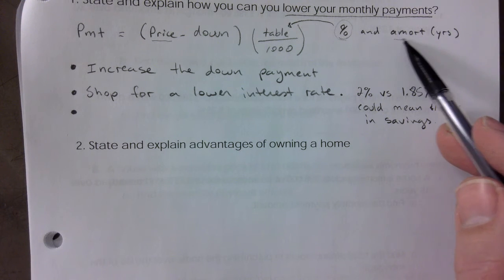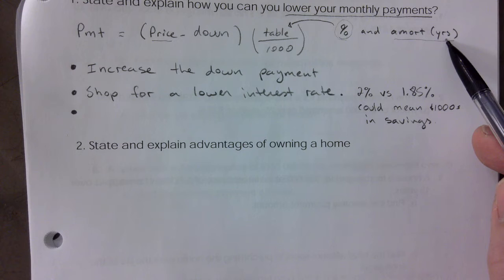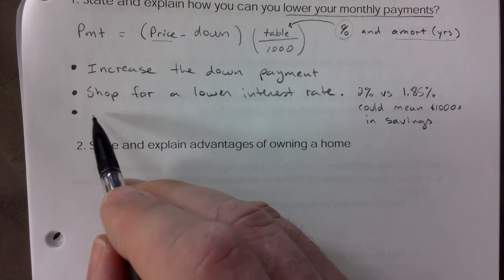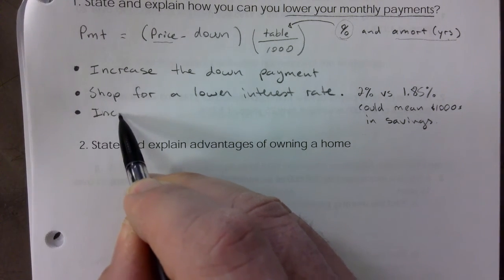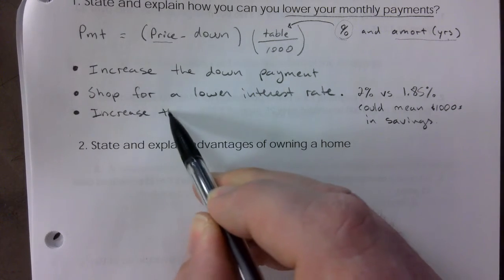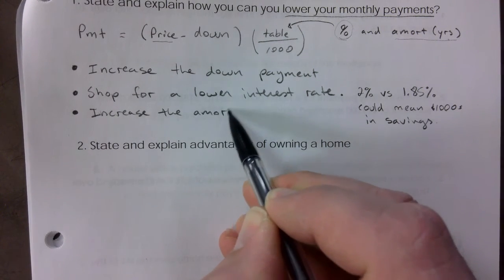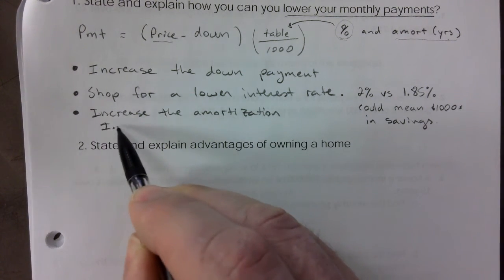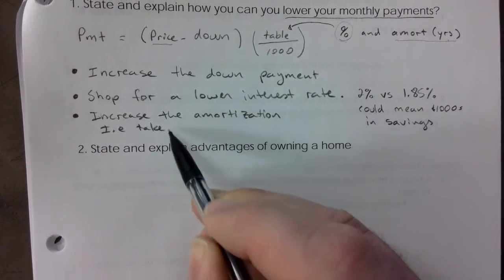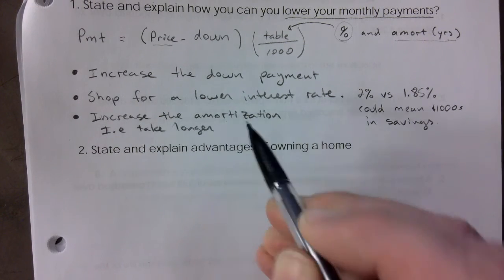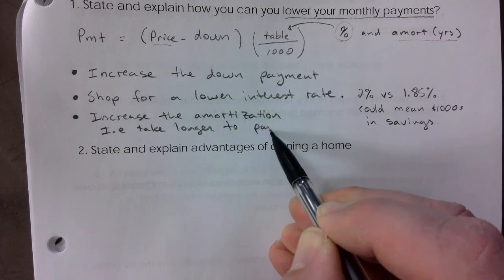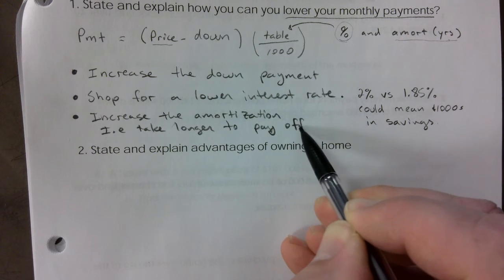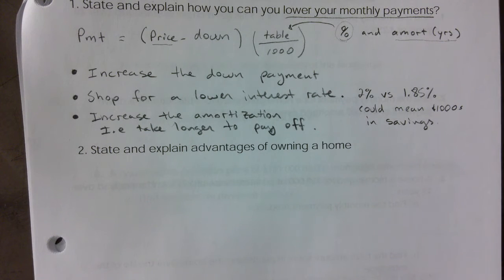And the other one, if you think of amortization, if you increase the amortization, i.e., take longer to pay off. It is actually a thing, you can go 30 years.